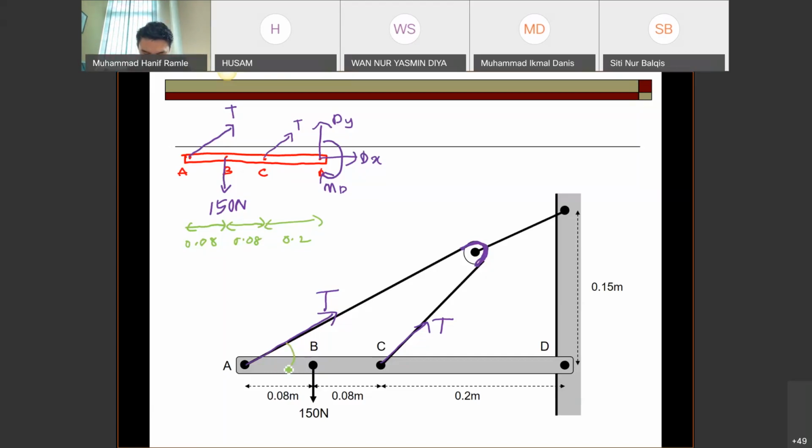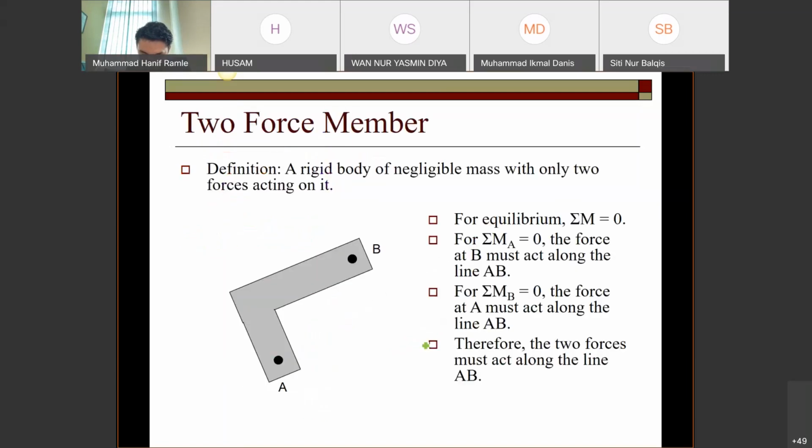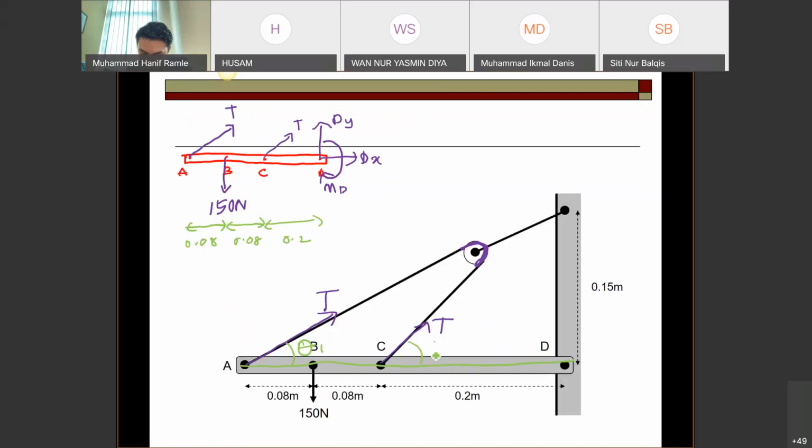This angle, I put it as theta 1, for example. And the second angle is theta 2. All right, so this is mathematics. How to determine theta 1 and theta 2? This is not statics, this is mathematics.